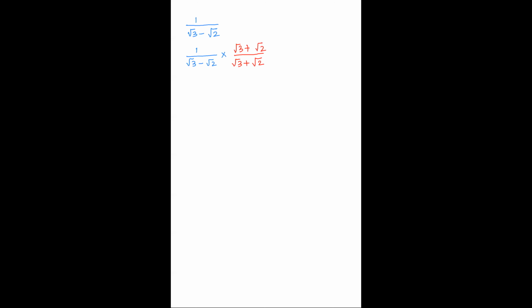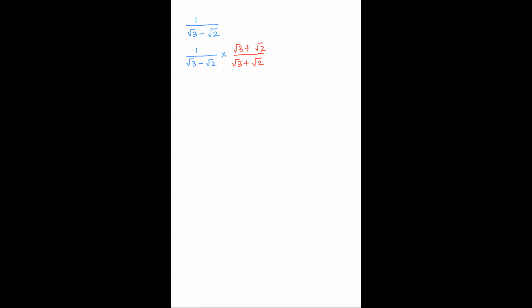I repeat once again, conjugate or the rationalizing factor का मतलब होता है the same terms but the opposite sign. Now here the sign is minus. You check here the connecting sign is plus. So when the terms are the same and the connecting sign is reversed, we call it a conjugate. And this is the technique of rationalizing the denominator.